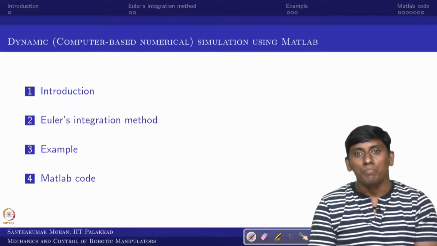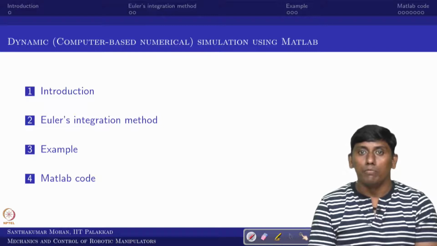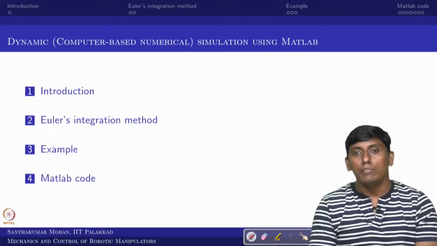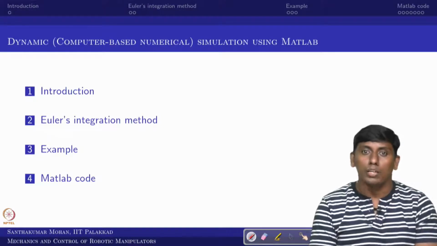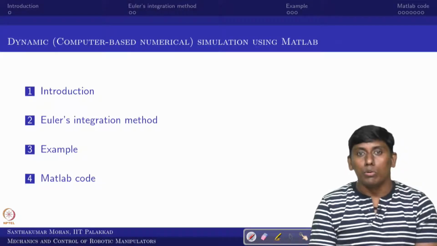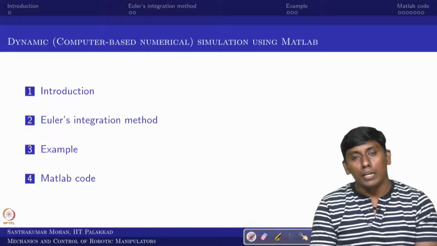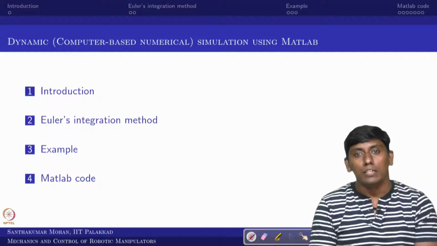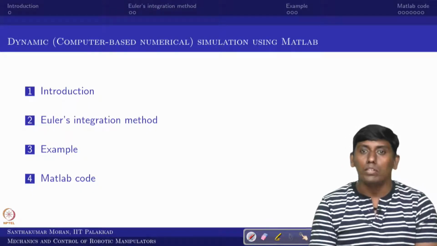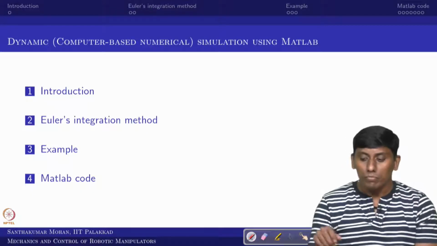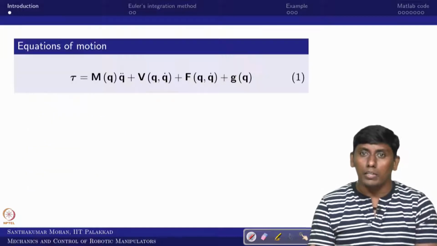If necessary, we can even use second order or fourth order numerical integration methods, but here we use the simple first order Euler method. Then we will take one simple example, see how it can be ported in Matlab, and based on that do the dynamic simulation along with motion animation. This is all we are trying to cover.